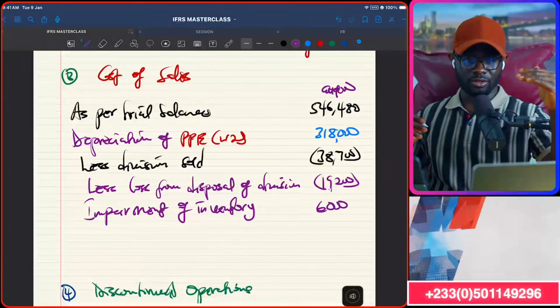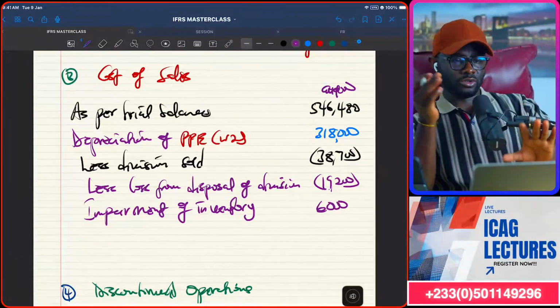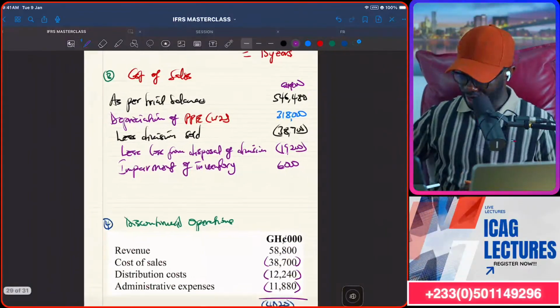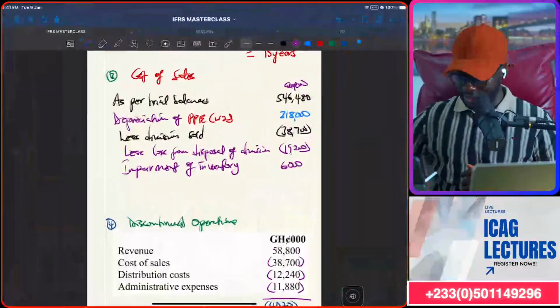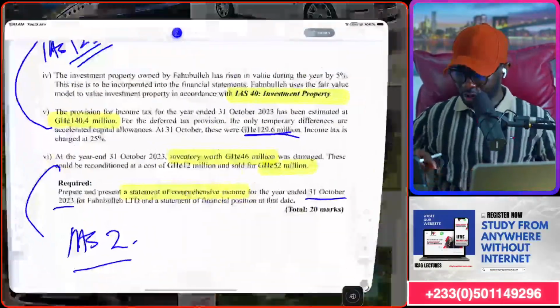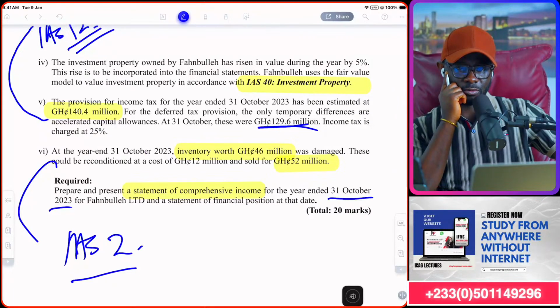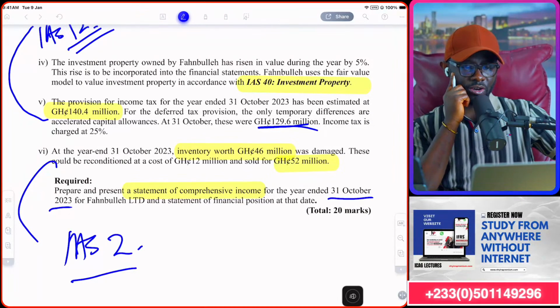So to be added to cost of sales. Because the double entry is to debit cost of sales and credit inventories, right? That's the idea there. So it looks like we are done reading, and these are the various adjustments we can do as per the context of this particular question.